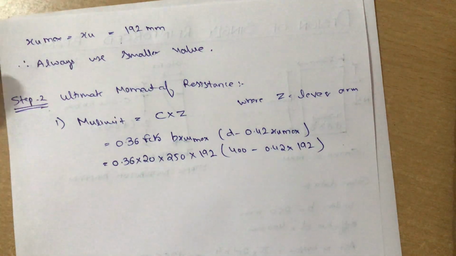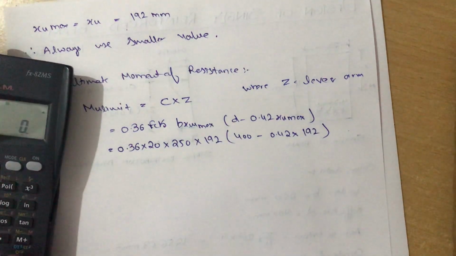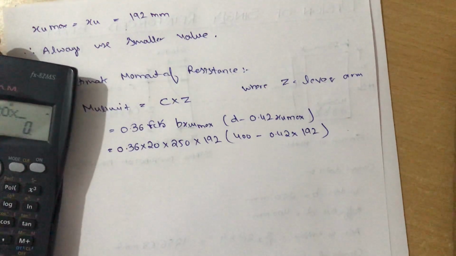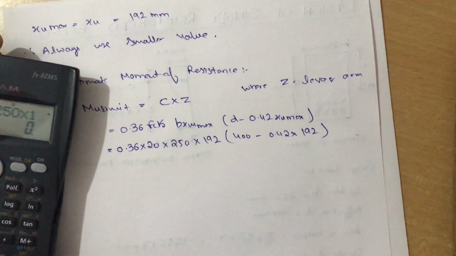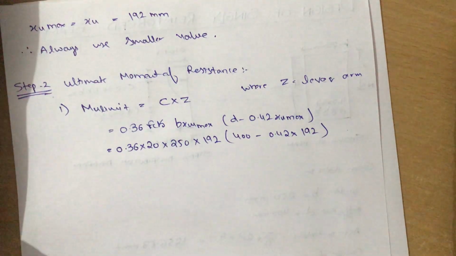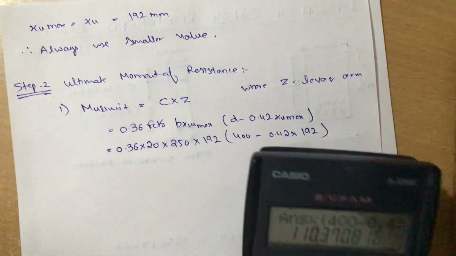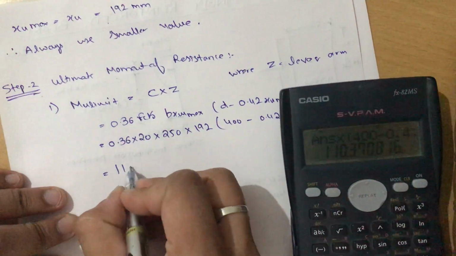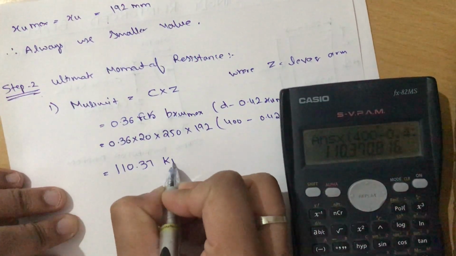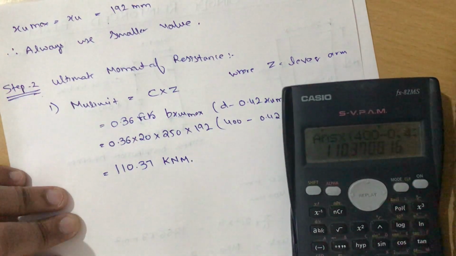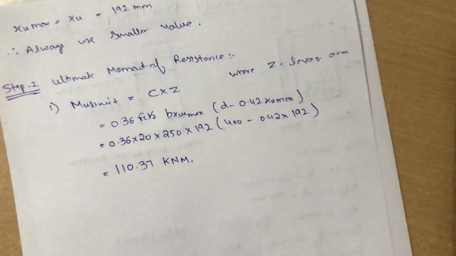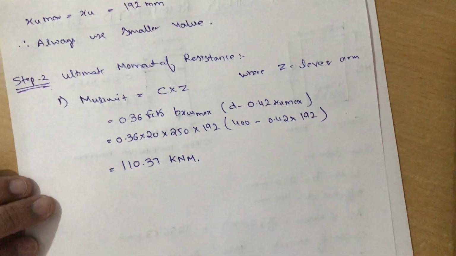Now solve this. Our final value is near about 110.37 kilonewton meter. This is the first way of calculating moment of resistance.